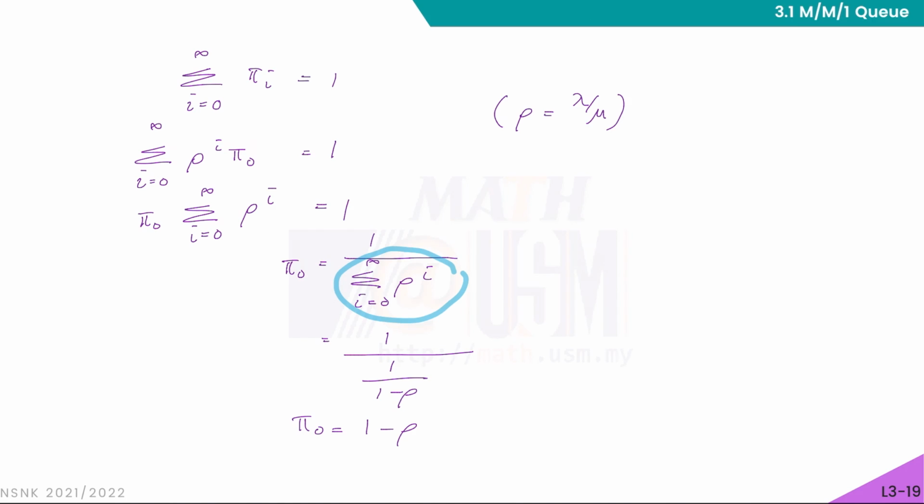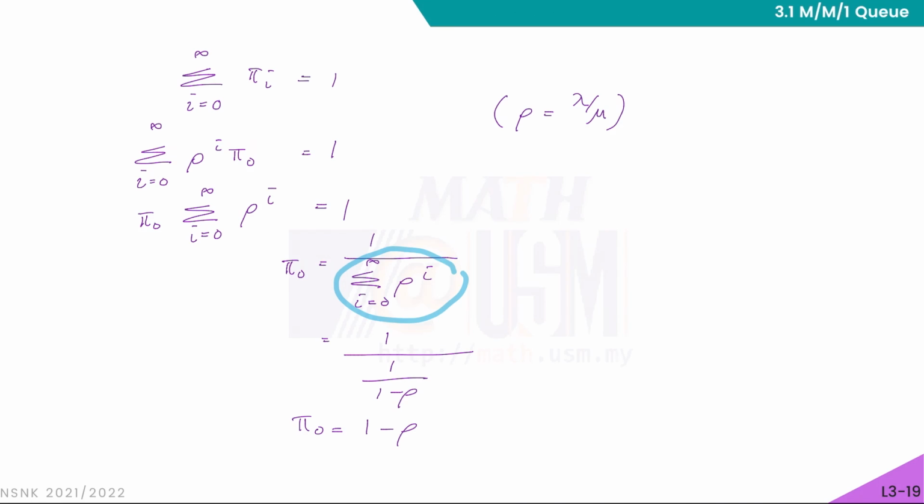In your notes, in order to determine pi naught, you just look at the proportion of the time the server is busy. The server is busy at all states except state 0. You have a single server. When a customer arrives and the system is in state 0, your server begins its job and becomes busy.